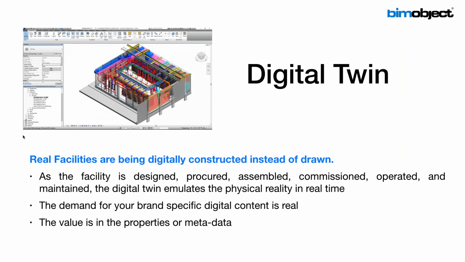So that digital twin of real facilities, as it's designed, procured, assembled, and that's where you guys, the SimScale platform, often come in, in the engineering and design. That ends up being what gets procured, what gets assembled, what gets commissioned.